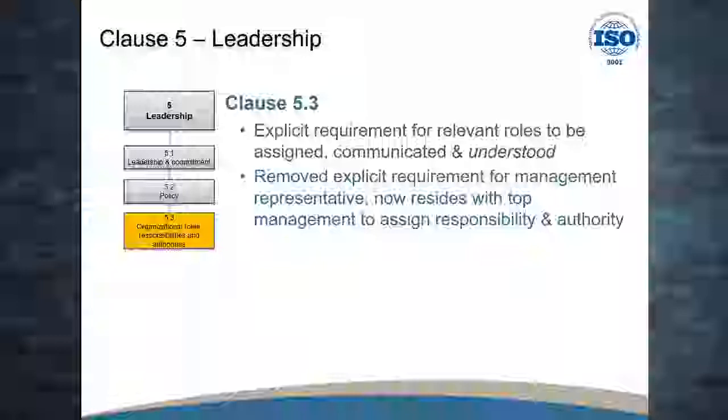And there's something here that is removed: the explicit requirement for a management representative. Now the responsibility resides with top management to assign responsibility and authority. That doesn't mean if you have a management representative that they no longer have a job. It just means that, again, that single point management representative assignment is not required.